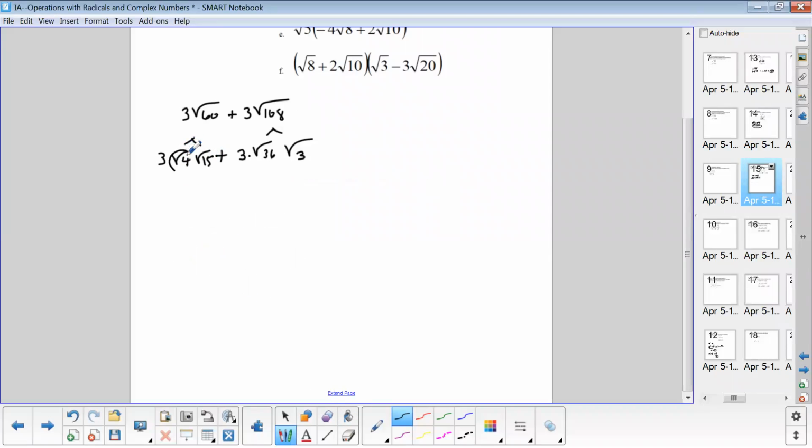So this one's a perfect square, which gets you 3 times 2 times the square root of 15, plus 3 times the square root of 36, which is 6, times the square root of 3. So this would be 6 square roots of 15 plus 18 square roots of 3, and it is simplified because the radicands are different. They're not the same.